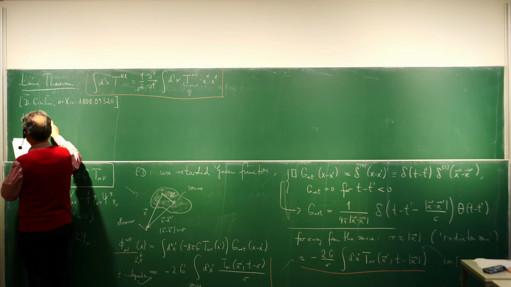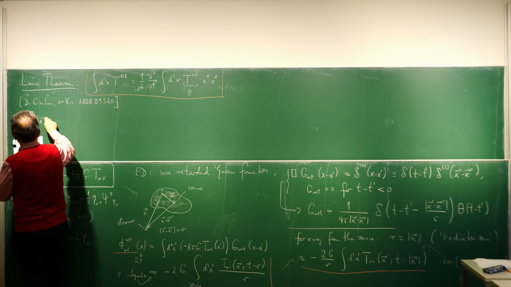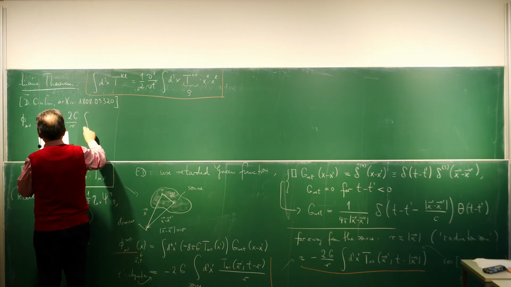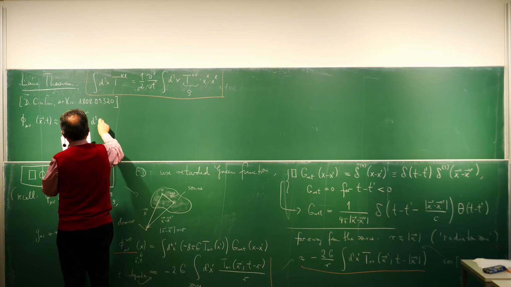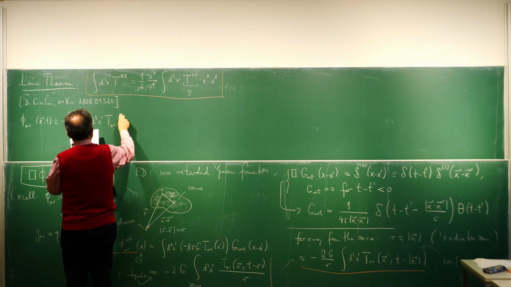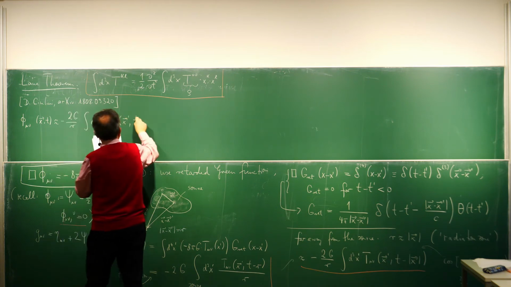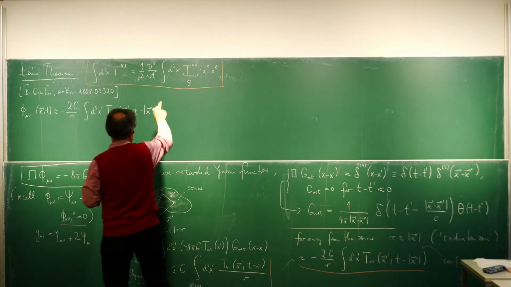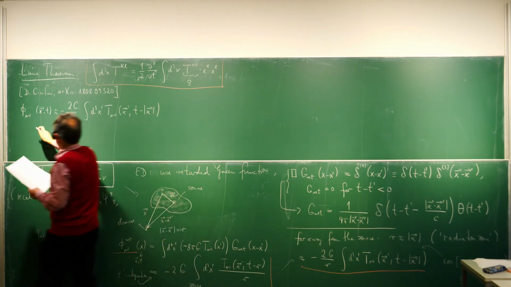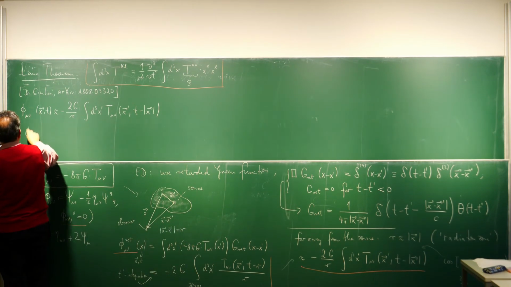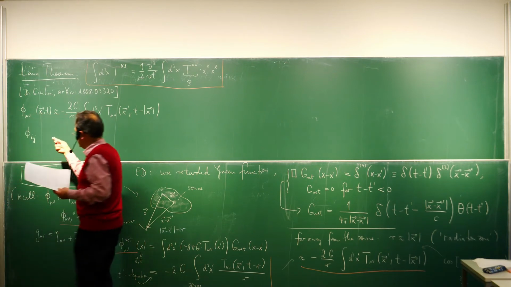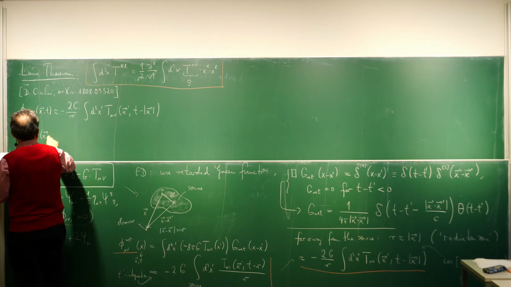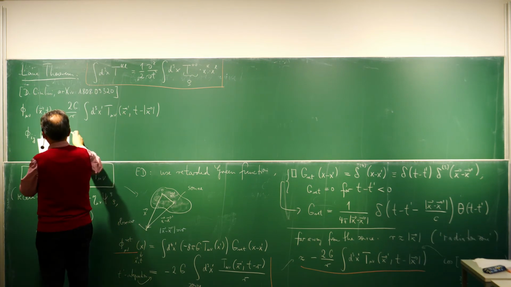So phi mu nu of x and t, we had, is minus 2G over r integral d3x prime T mu nu of x prime and t minus r. To apply this, we just formulate this for the spatial components. I will tell you later how you get the remaining components.